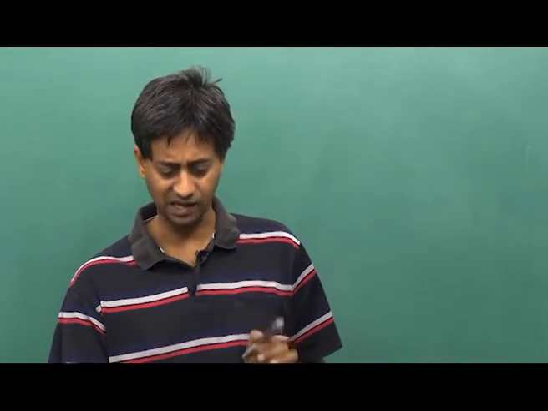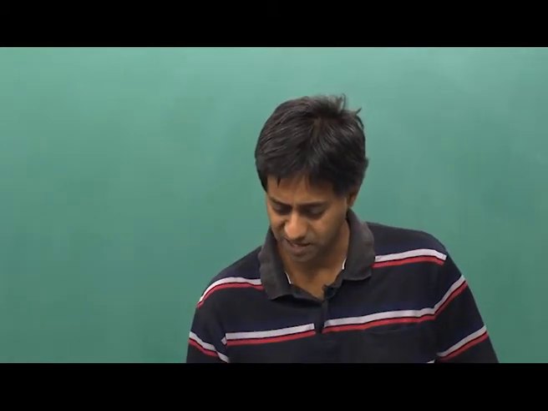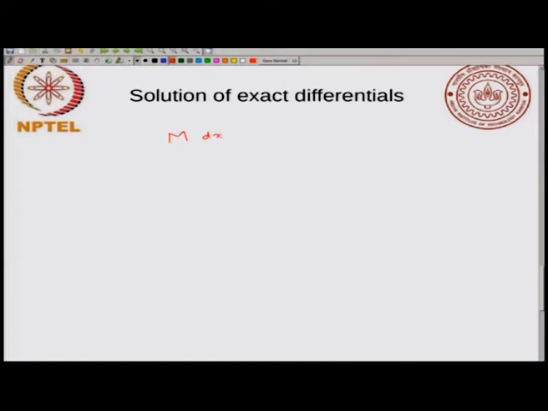Okay. And I will just emphasize the steps again. So, in the solution by exact differentials, first we had m dx plus n dy equal to 0. We took advantage of the fact that we could set this equal to du, and what we wanted to do is to find this u, a function of x y, just like m and n.